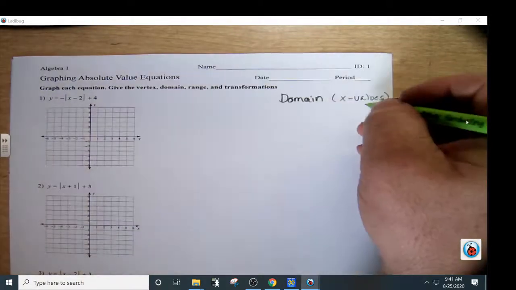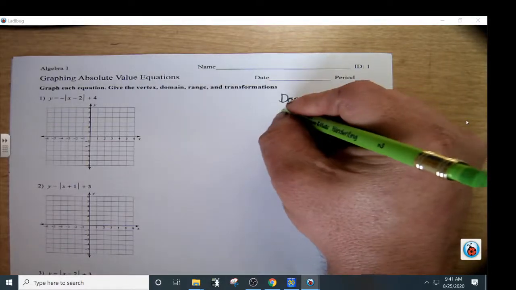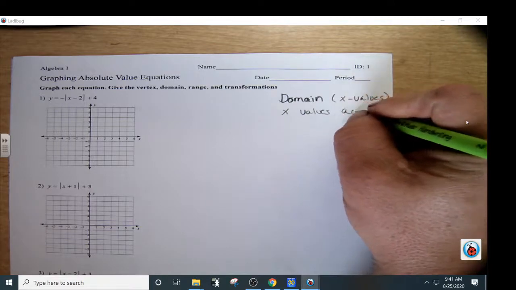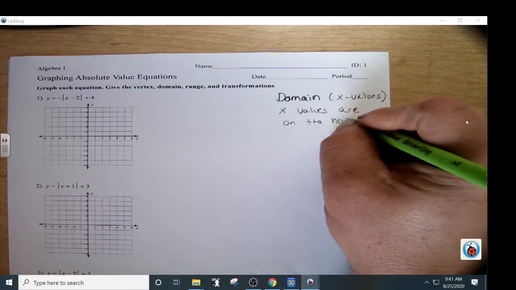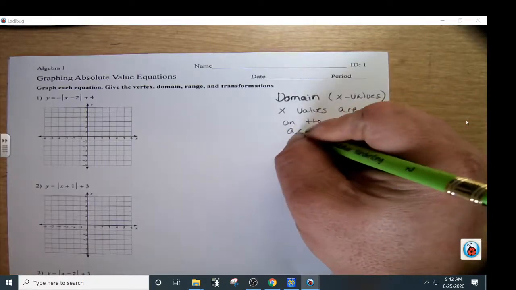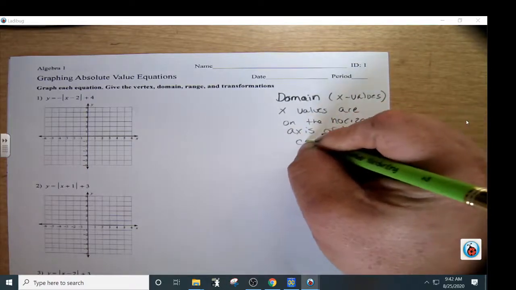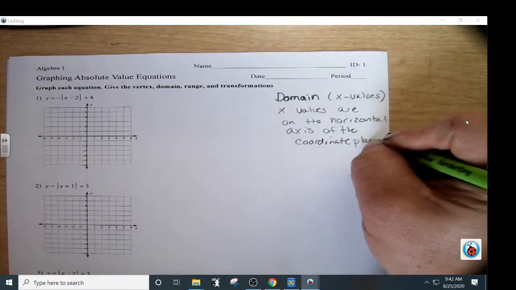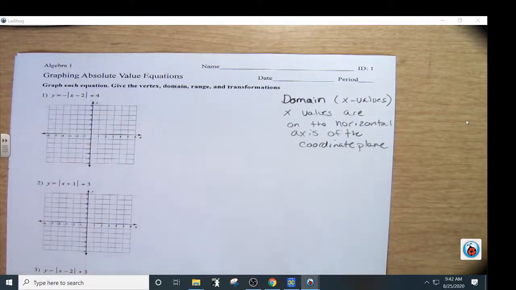Now remember, domain is the x values. The x values are on the horizontal axis of the coordinate plane.